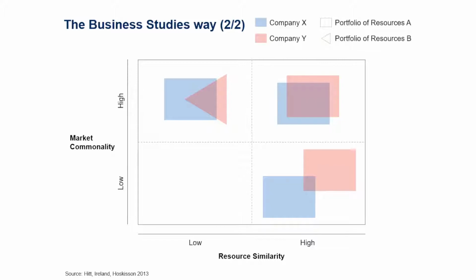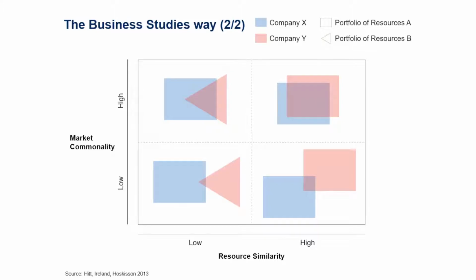It has different types of products. The shelving, the store layout, everything looks quite different from what Lotus has. But the target market is fairly similar. So there's a big overlap, especially in the middle and upper middle class segment. And therefore, a high market commonality, but low resource similarity.